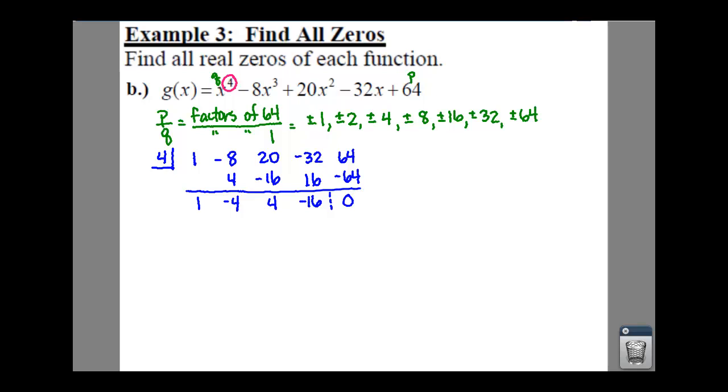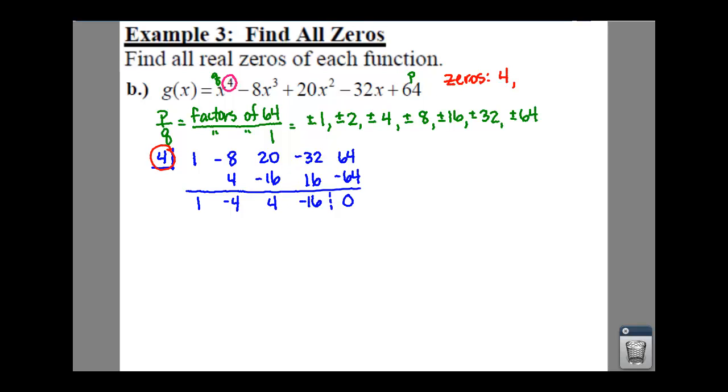You get a remainder of 0. Woohoo! That means 4 is a solution. So one of our zeros is going to end up being 4. Now just because 4 is a 0 once doesn't mean it can't be 0 another time. So what does happen is you actually get 4 a second time.